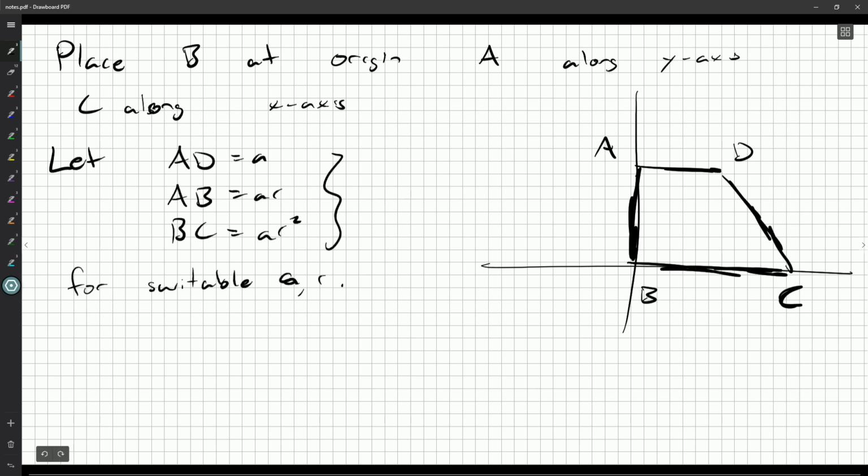I don't think you need to mention it, but here's our reasoning why. So this gives us coordinates. AD is A, AB is AR, and BC is AR squared.